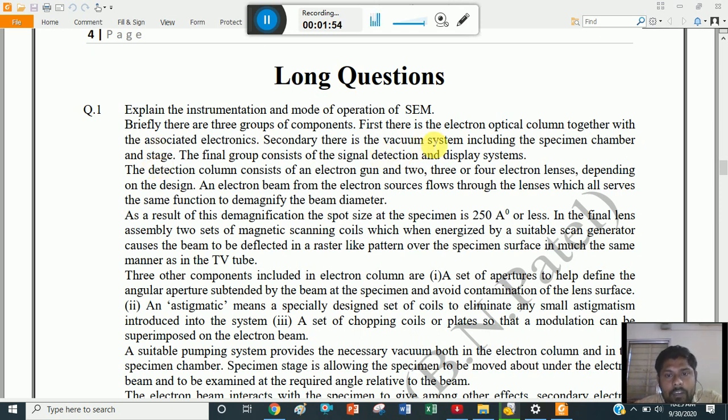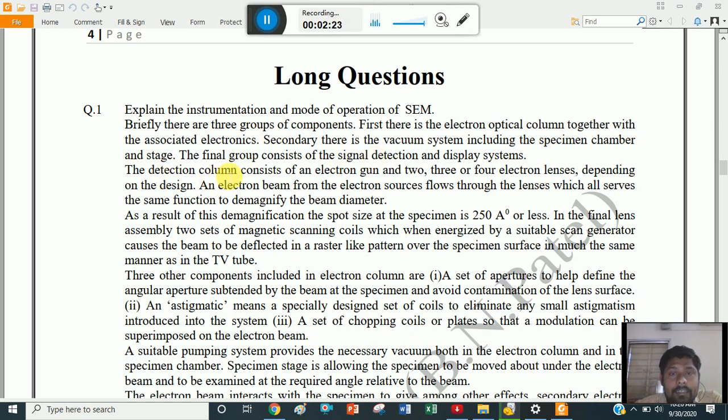The specimen chamber means the chamber in which the sample is put. The final group consists of the signal detection and the display systems, called the readout device portion.